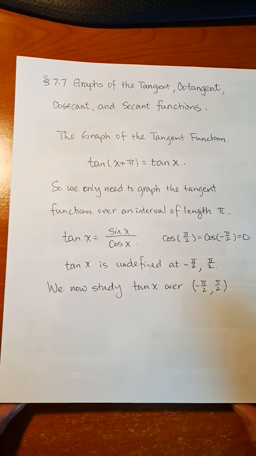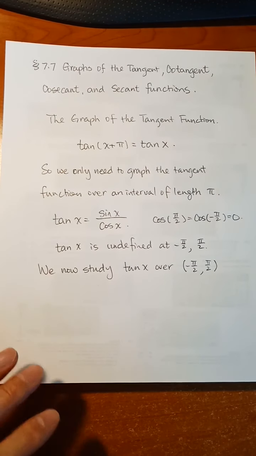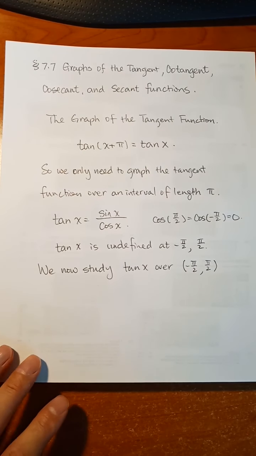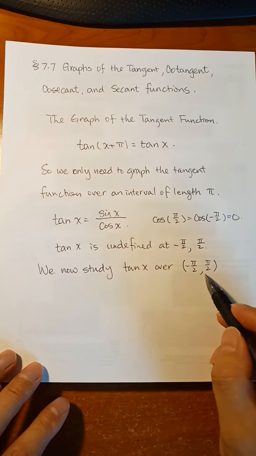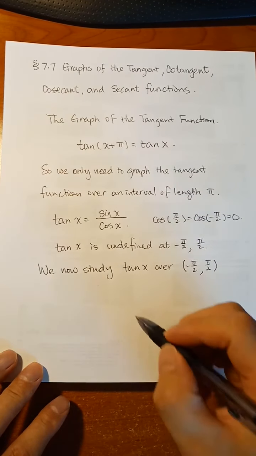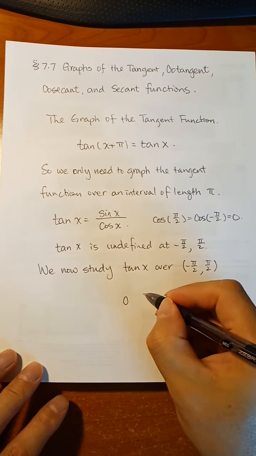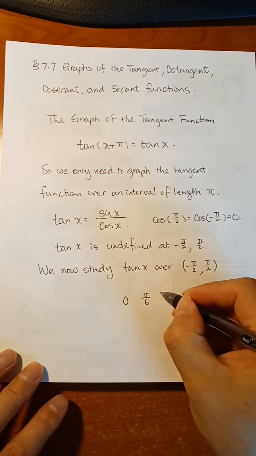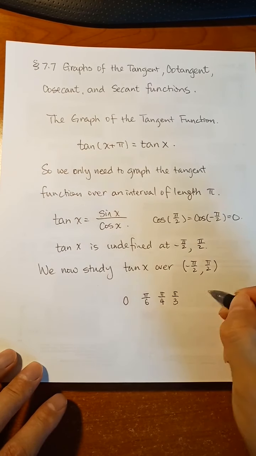Okay, so the graph of the function is a trace of the values for the corresponding x. So now let's make a list of the tangent function for some special values. Because the interval is between negative pi over 2 and positive pi over 2, let's take the angles 0, pi over 6, pi over 4, pi over 3, but not pi over 2.